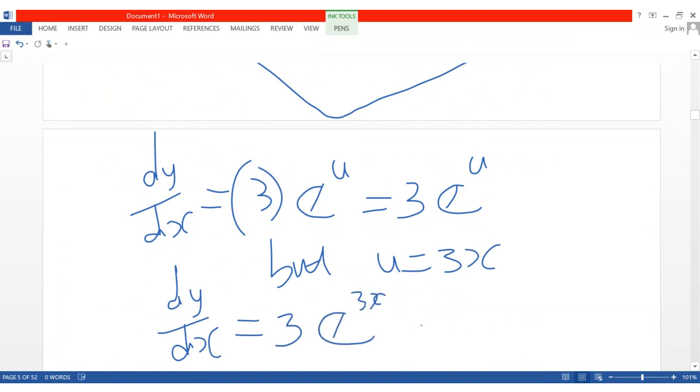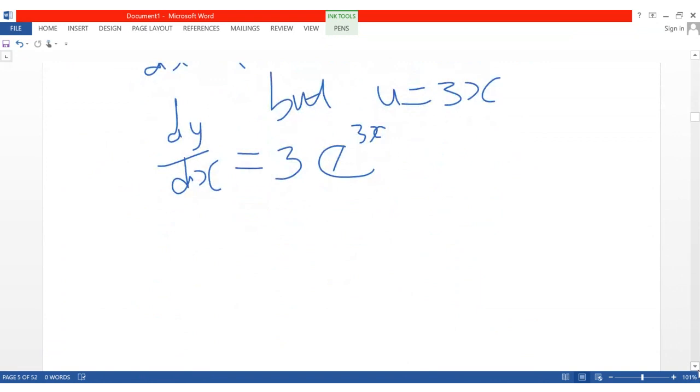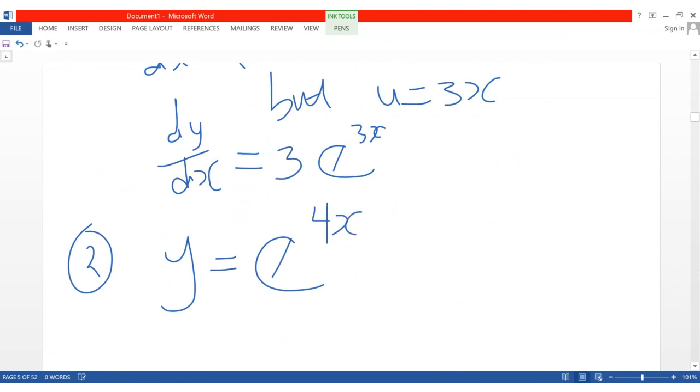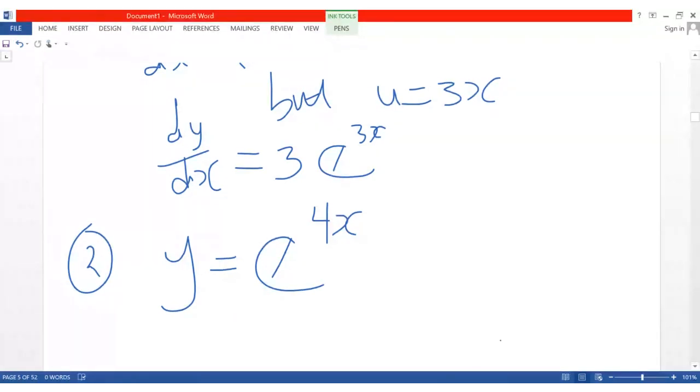Let me give you one to try before I do it. This one, number 2: y is equal to exponential 4x. If you get this one, I know you are good. So try this one. Give me the answer for that one. Let me go back. So I'll call my u the power.